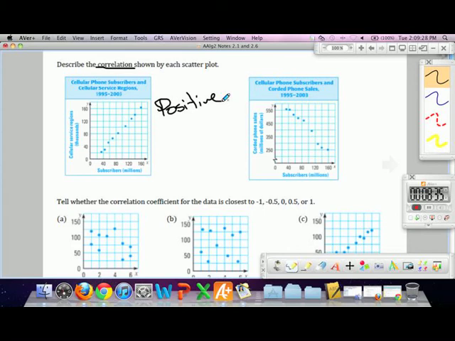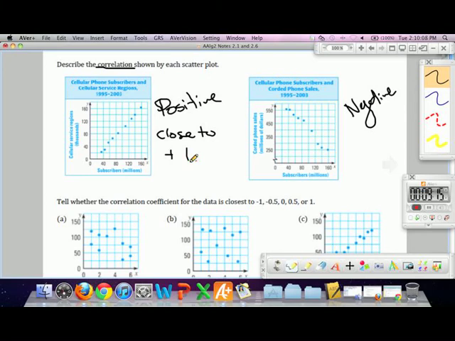If it very clearly fits a line, then the correlation will become very close to, if it's positive, +1, because we can practically draw a line through every one of those points. If it's negative, then you can practically draw a straight line through all of these points going down.